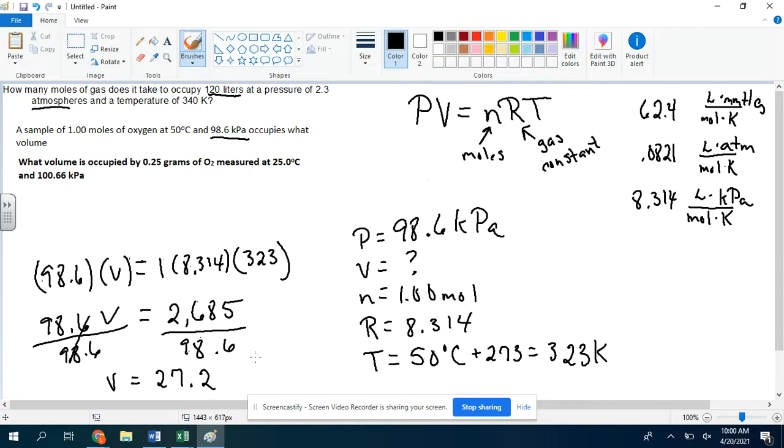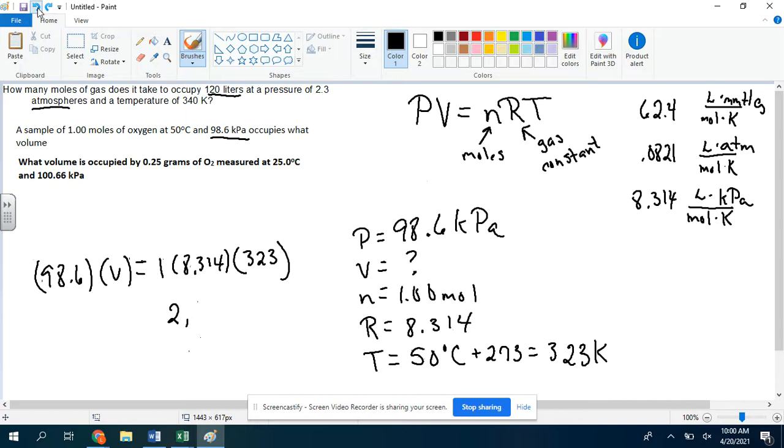Now, our units for volume are always going to be liters every single time. If they're not in liters, you got to put them in liters before you use them. All right? You see how much I can get done with the undo button. Okay, about that much.